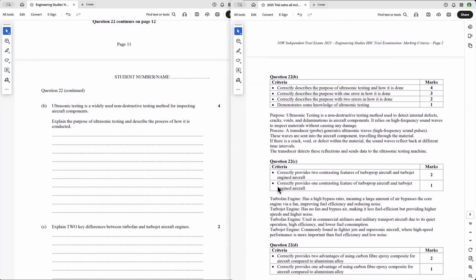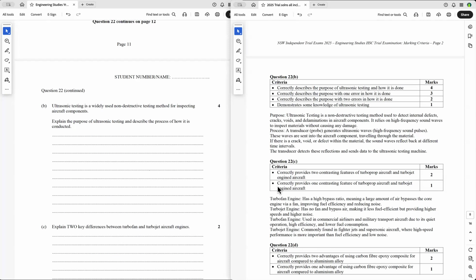Question 22B: ultrasonic testing is a widely used non-destructive test method for inspecting aircraft components. Explain the purpose of ultrasonic testing and describe the process of how it's conducted. So you've got to know that ultrasonic testing will test deep flaws, not only surface flaws, but it's mainly used for deep flaws in materials.